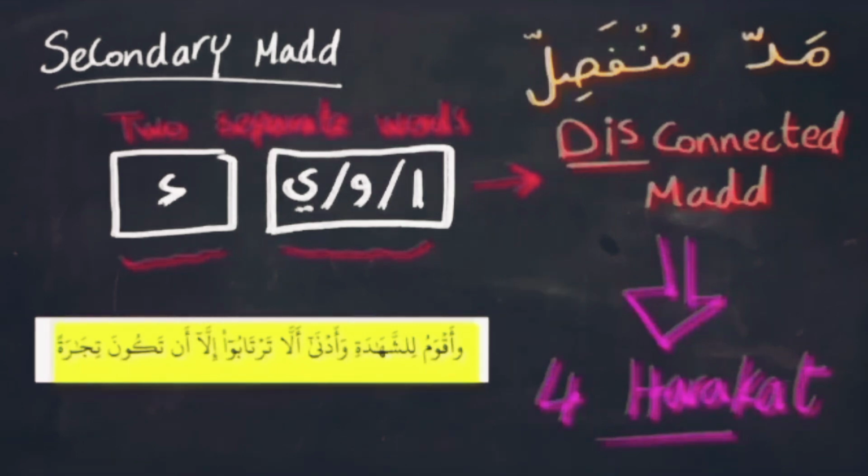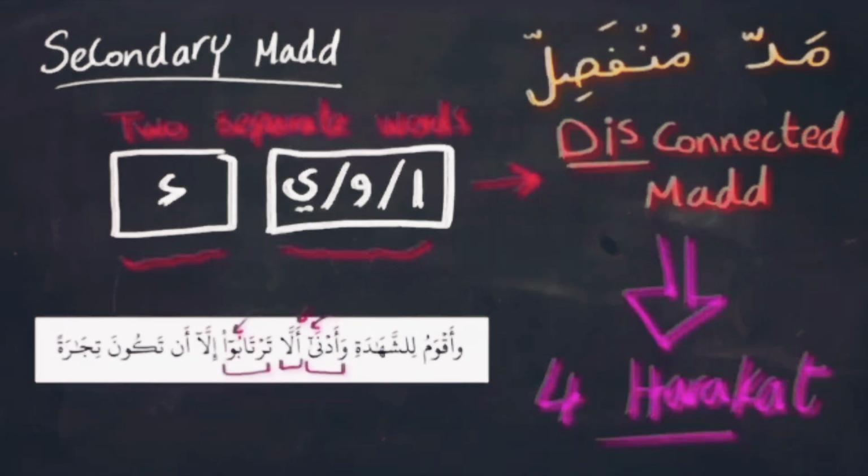أن تكون تجارة. Now, as you can see in this example, the word adna ends with alif because there is this small alif, and the next word starts with hamza, alla. The following word, tartabu, ends with waw, which is a long vowel.